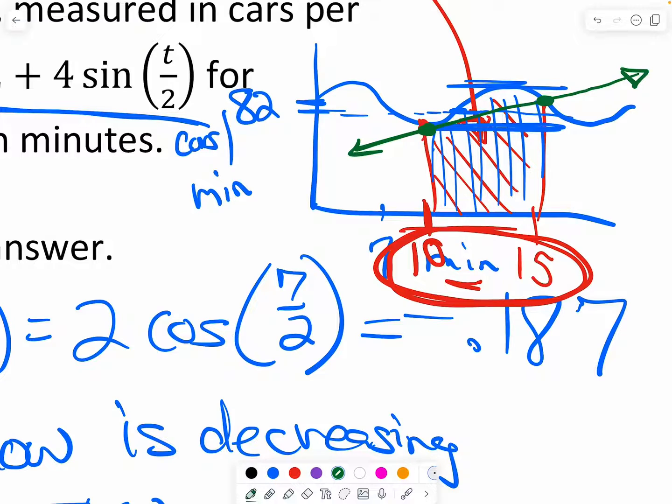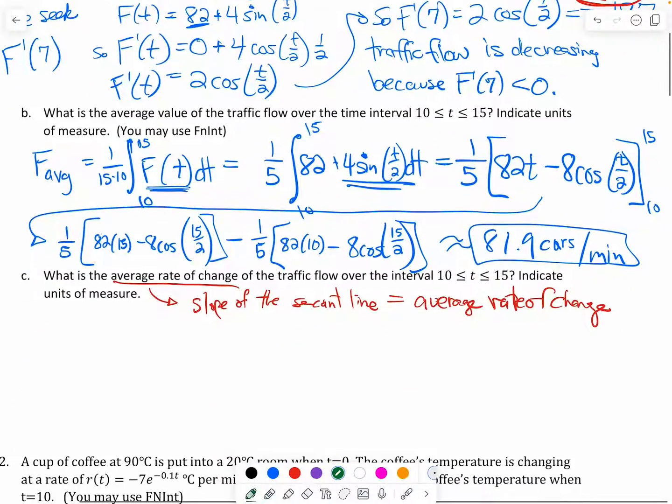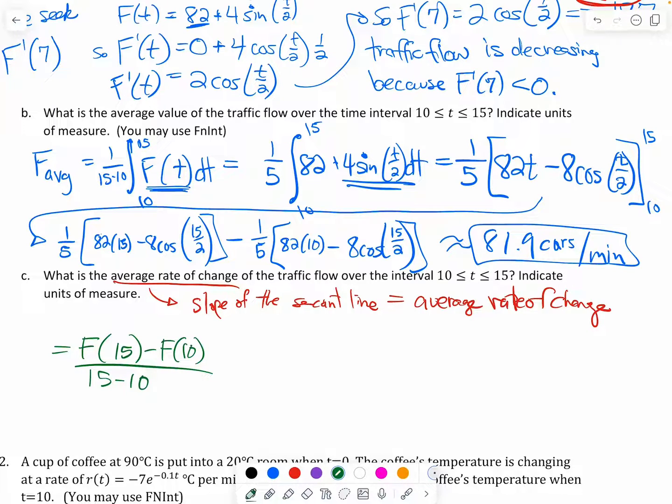which is the slope of the secant line between F of 15 and F of 10. Rise over run. So we've got it in words down here. Now in the values, that's big F of 15 minus big F of 10 over 15 minus 10.